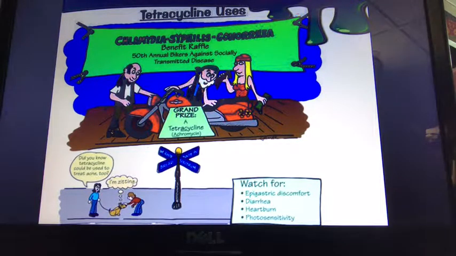So down here in the side effects section, it says epigastric discomfort, diarrhea, heartburn. Photosensitivity, though, is one of the most important ones. You will have to remind them to wear a hat, maybe some sunscreen, and keep out of any sunlight if they can possibly do so.